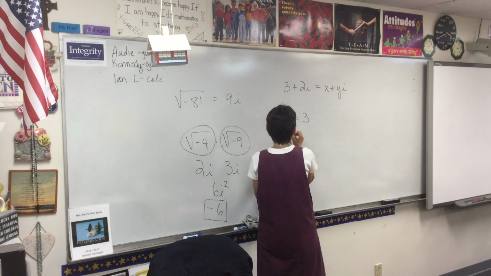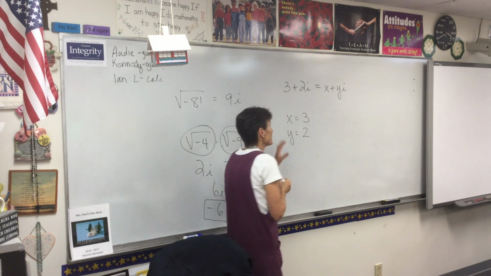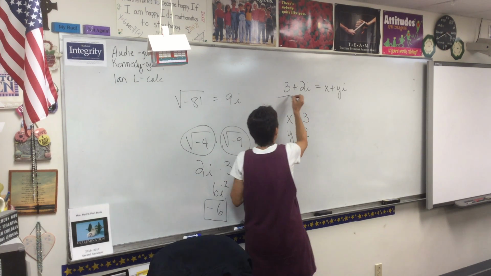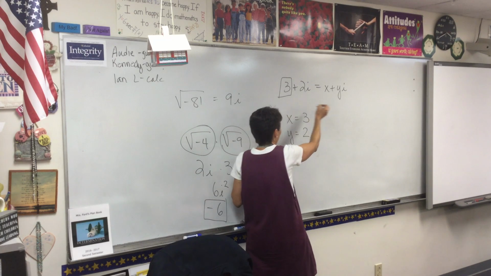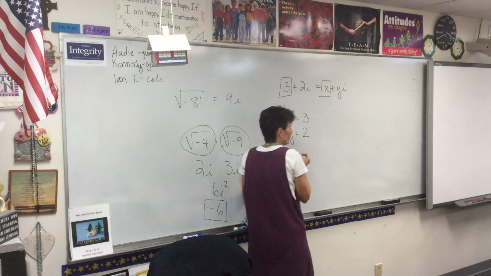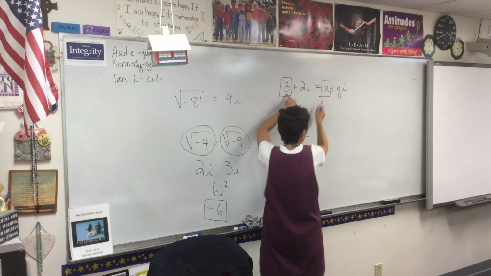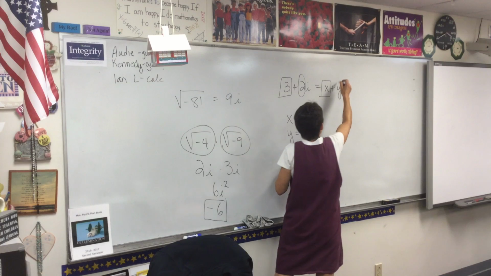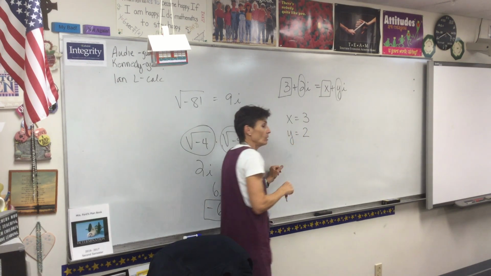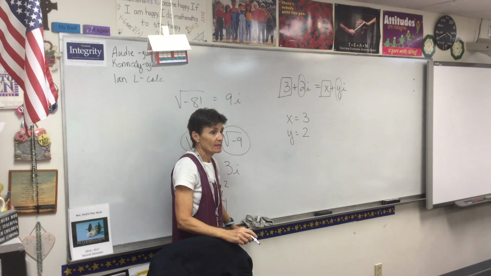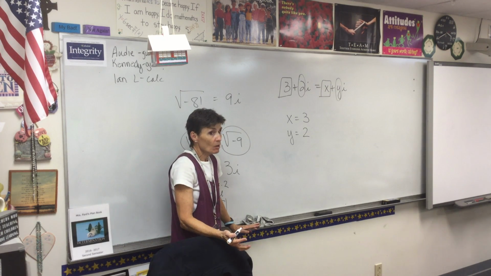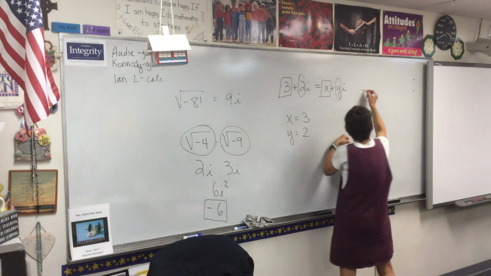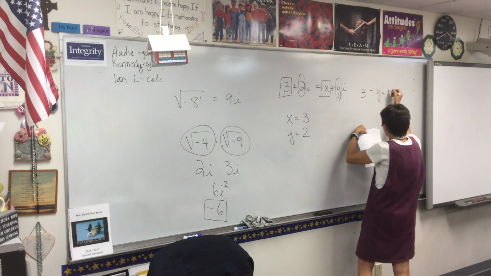No, y is just 2. If these two numbers are equal, the parts without the i's have to be equal, so the 3 and the x have to be the same thing. And the parts with the i's have to be equal, so 2 has to be y. It's so simple. Now I tried to get tricky on the next one, but I didn't get too tricky for you.